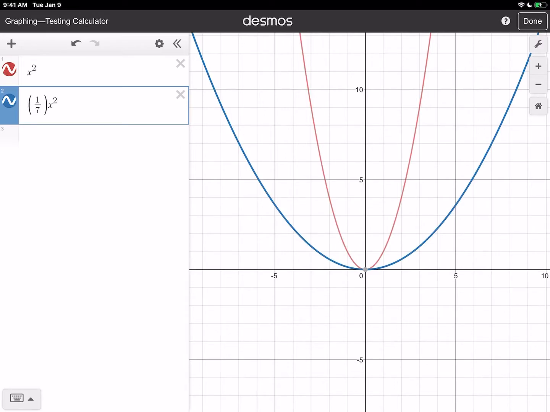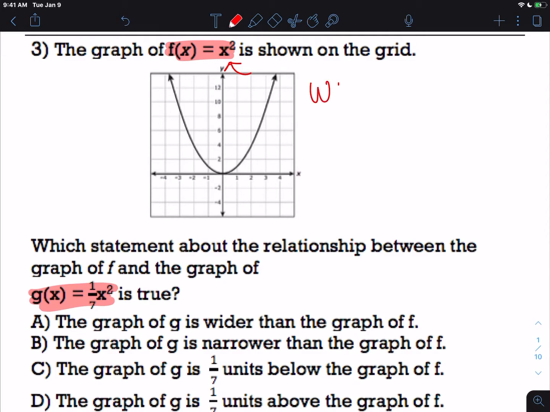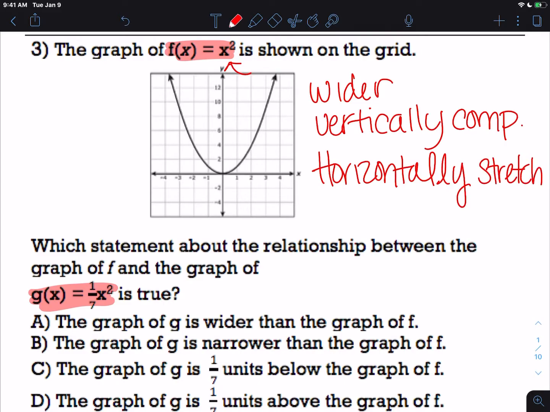I would also call that vertically compressed. A term that means exactly the same thing would be horizontally stretched.